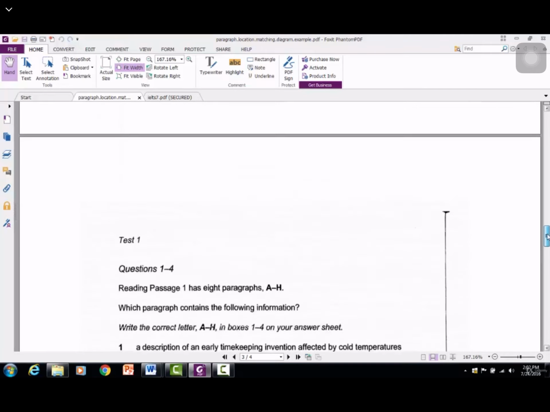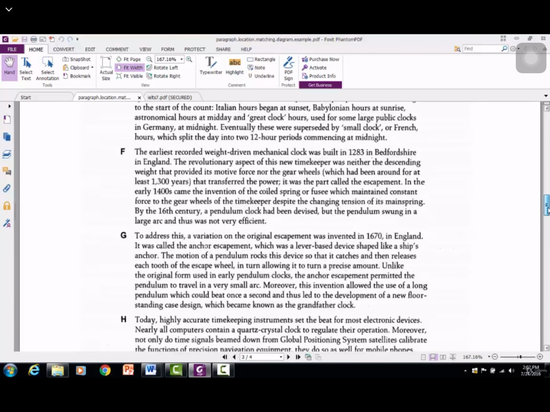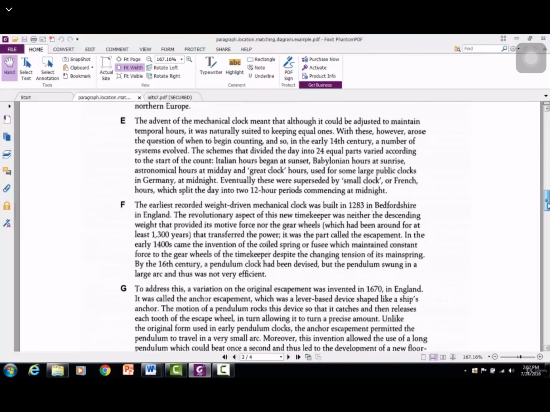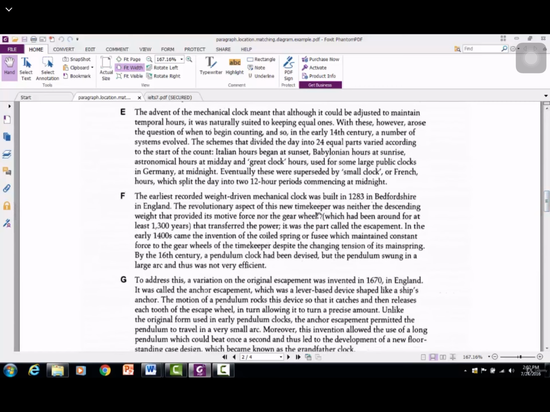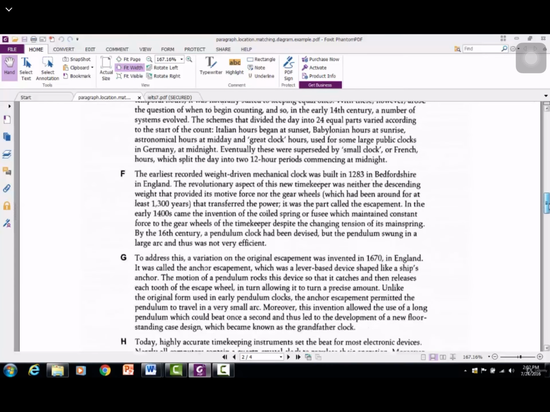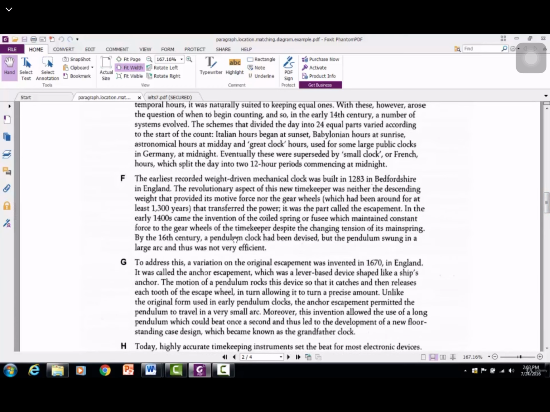Okay, and also when I was in this paragraph about England, right? There's England right there. Yes, I see something about a pendulum clock.